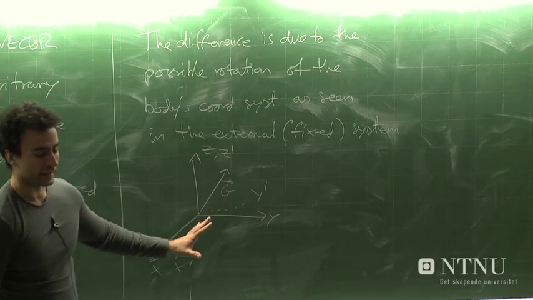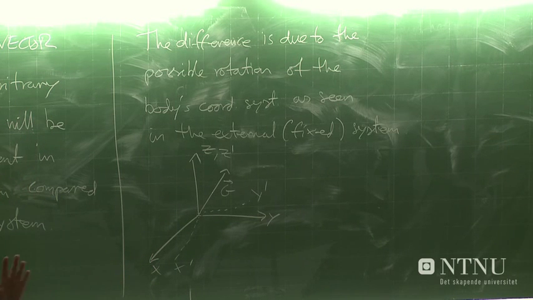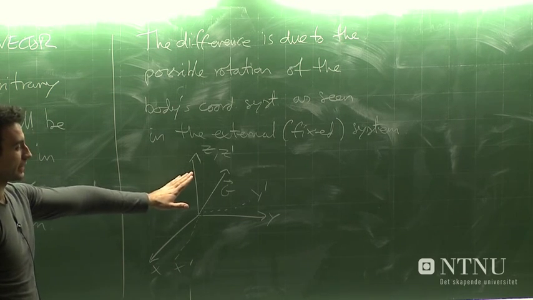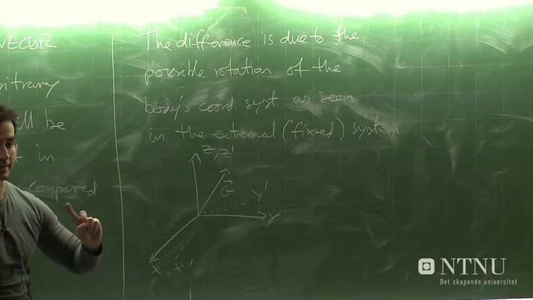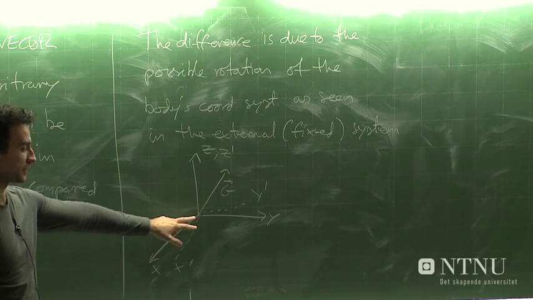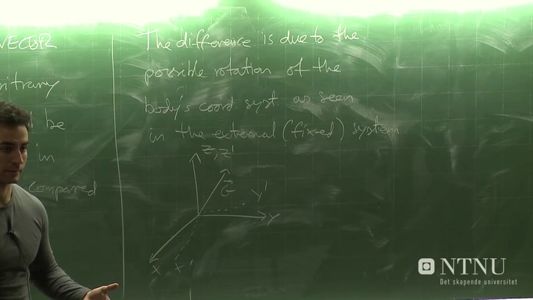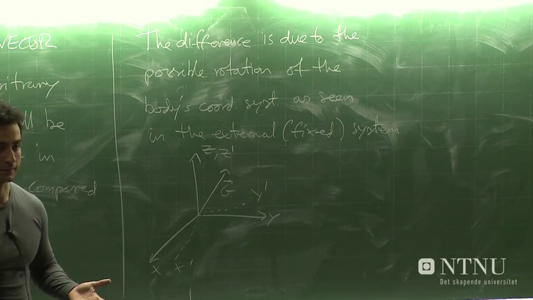And so we're considering the scenario where this vector g is fixed in the rotating system, which means that an observer in this stationary xyz system would see g as rotating, whereas an observer in the rotating coordinate system would see a constant vector.